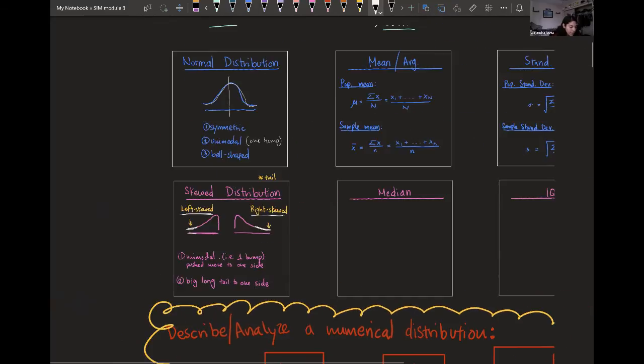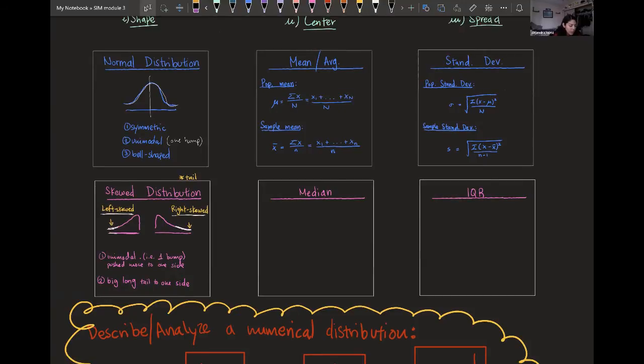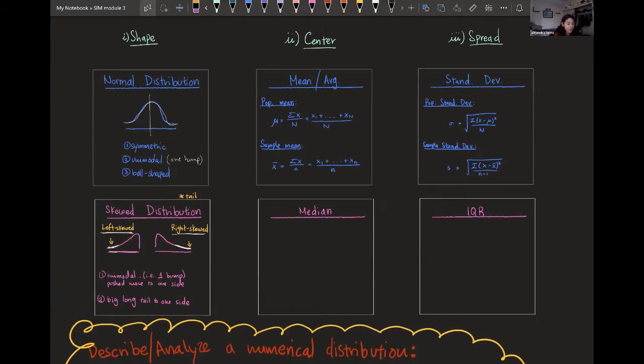So that's normal distribution, describing the shape. Whenever you have a normal distribution, the center attached to this shape is always the mean or the average, however you want to remember it. The spread you're going to be using is the standard deviation. Here I have the formulas for the standard deviation, but you don't really need to know these.